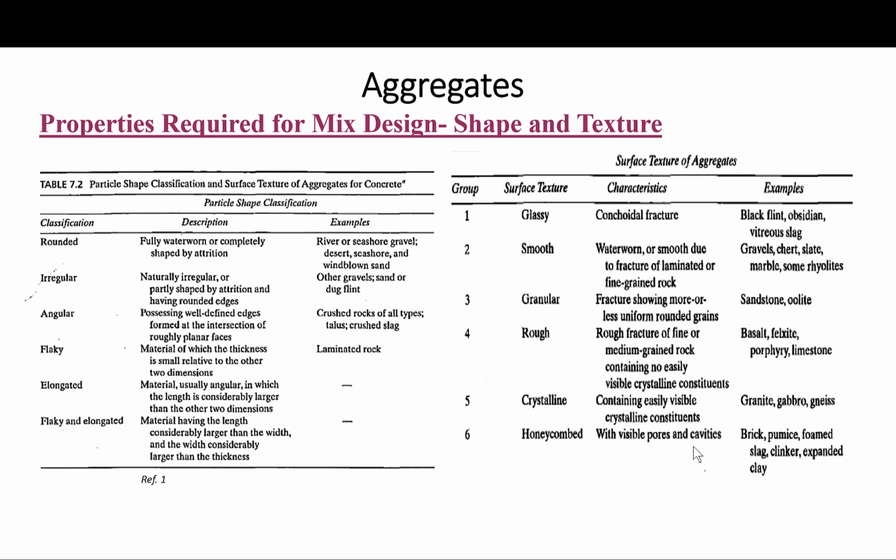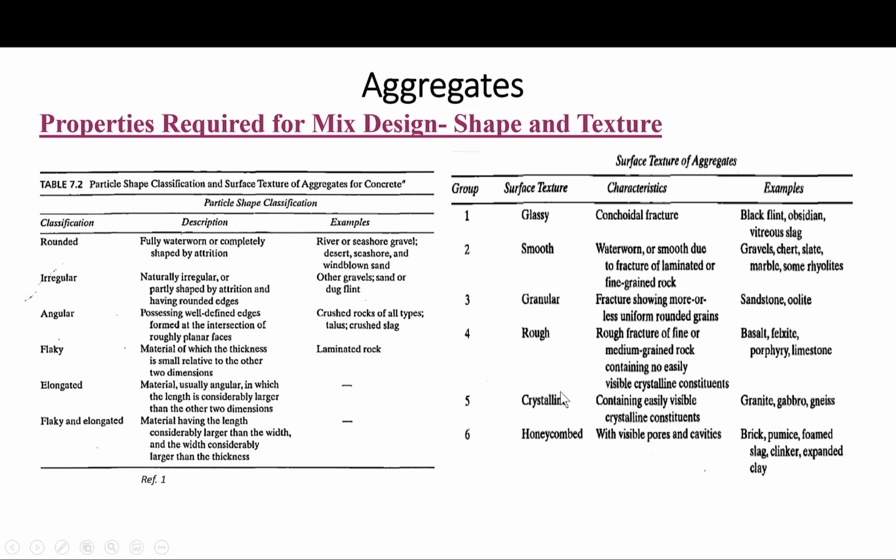And here it is. So here, this is basically the shape classification and surface texture of the aggregates for concrete. These are the types we talked about and their description and examples of them.